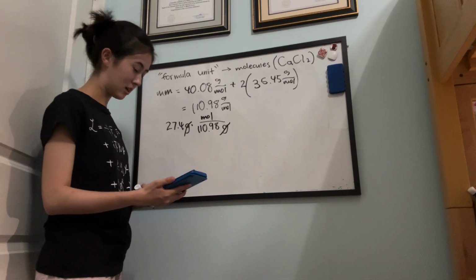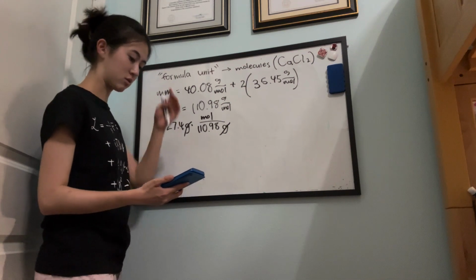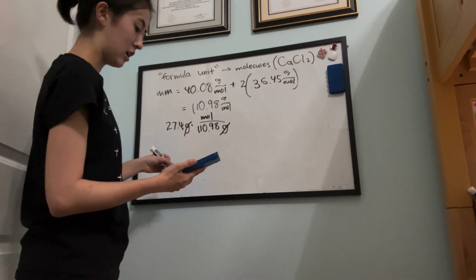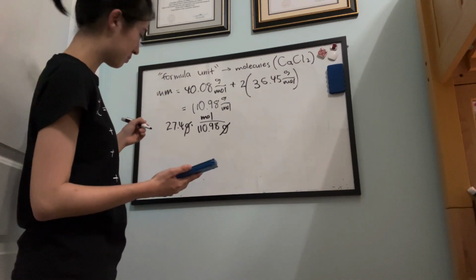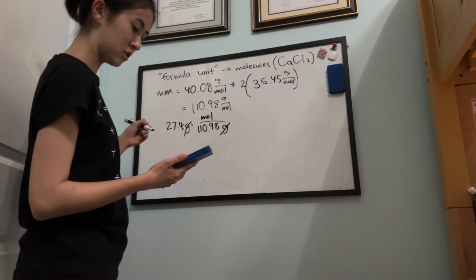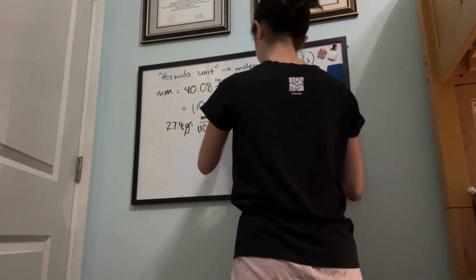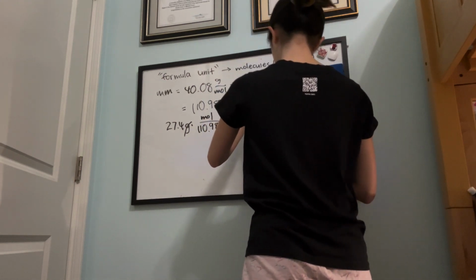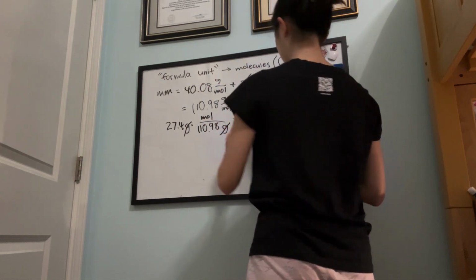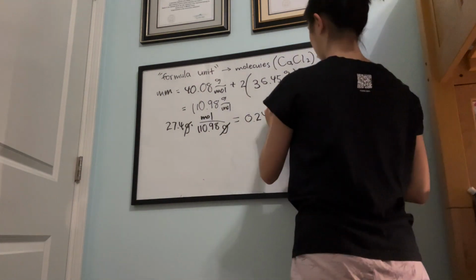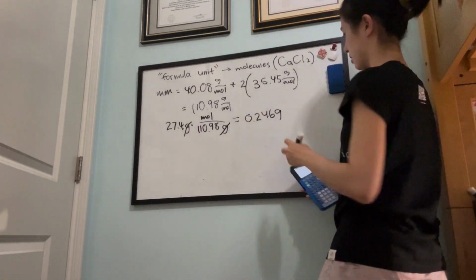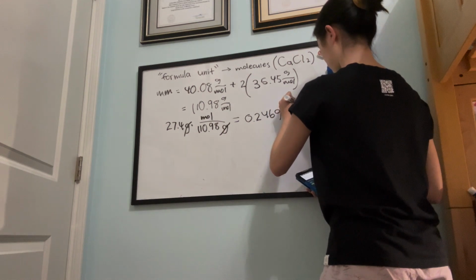Make sure I'm not making any errors. Cool, that looks great. So we have the amount of moles, a very small amount in comparison to the others. I'm going to do it in the calculator though, so it's more exact.